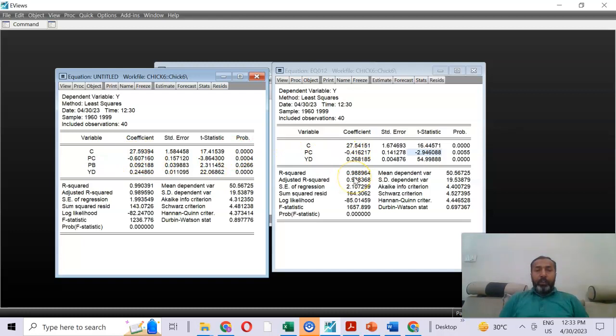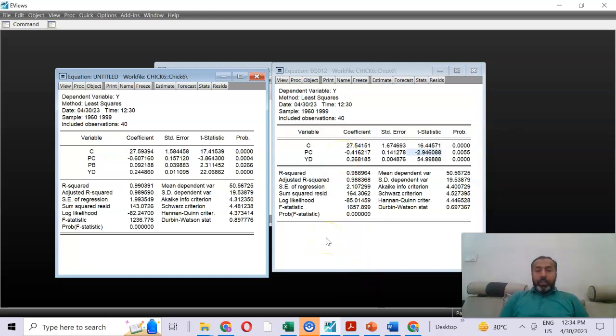So minus 0.41 is more positive than minus 0.60. Thus, we conclude that by dropping a relevant variable from the regression equation, biasness is created and direction of this biasness is positive in this case.